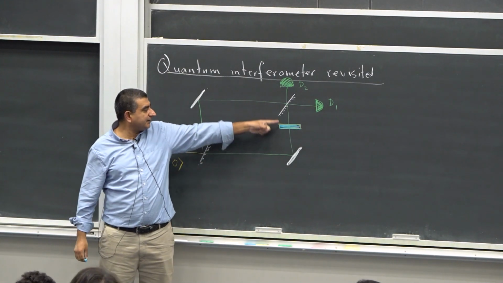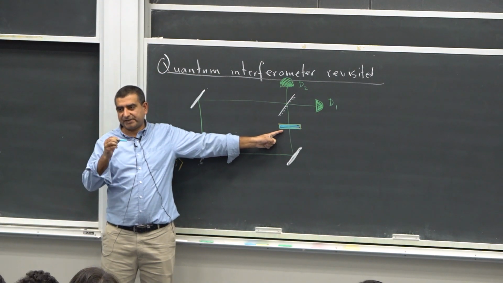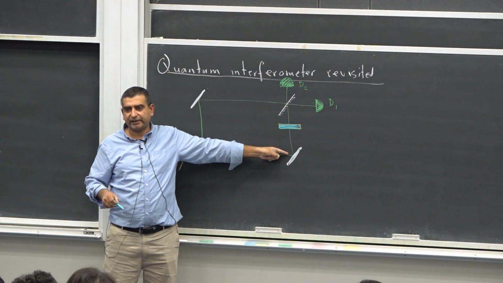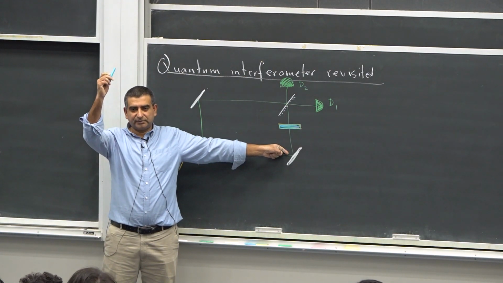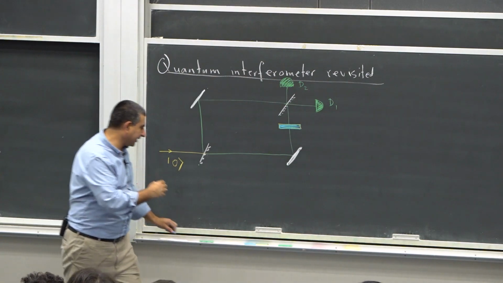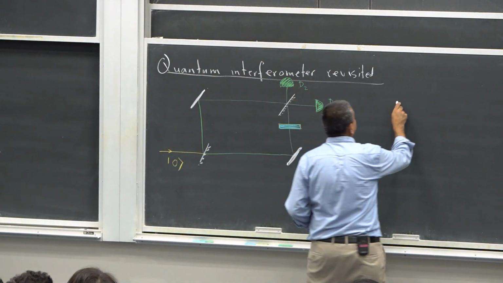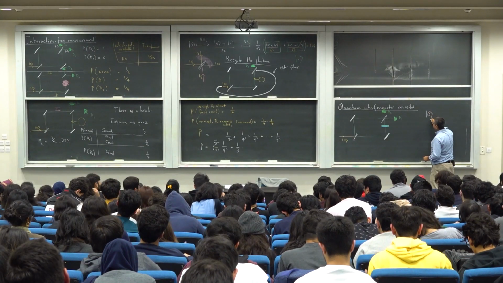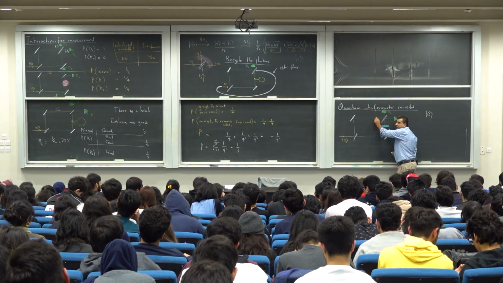Now, which path is this glass plate placed in? It's in the ket 1 path, the vertically going photon path. So what this glass plate does: it does nothing to the ket 0 path.